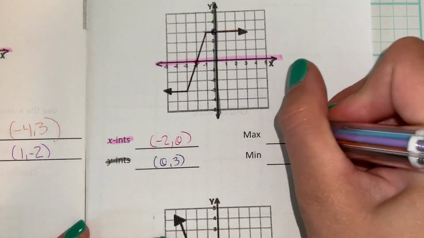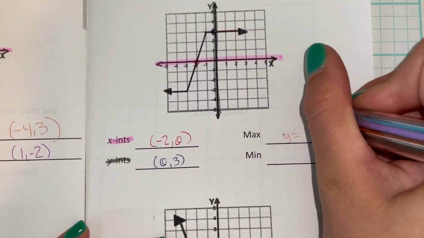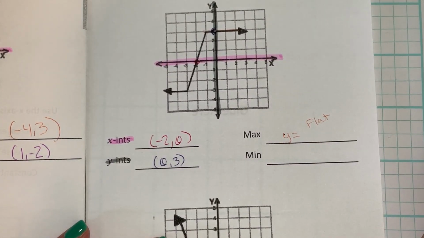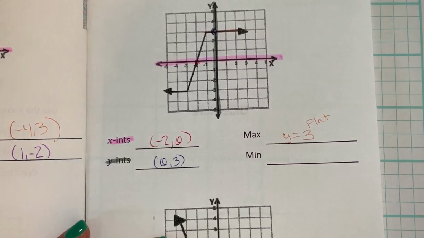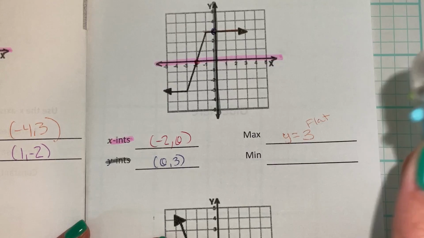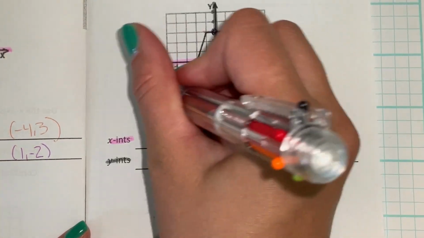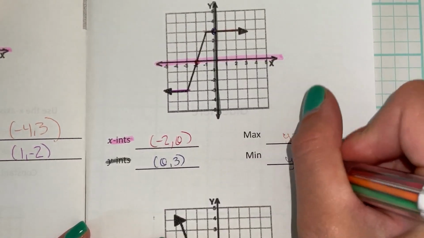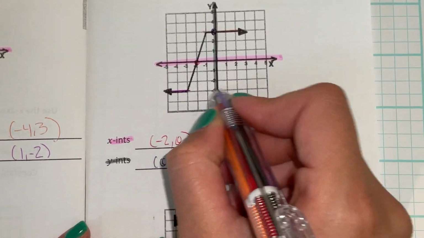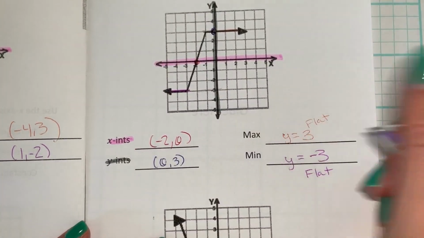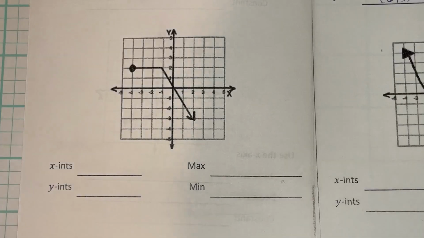That means we're going to write it as y equals because it's flat. Y equals 3. That's the maximum. The minimum is another flat line, so that's okay. It's going to be y equals, again because it's flat, and that's happening at -3.